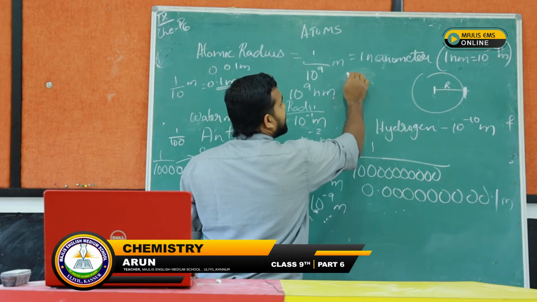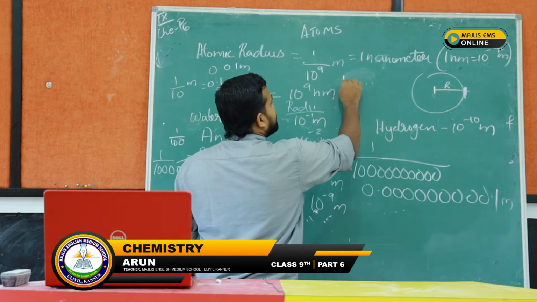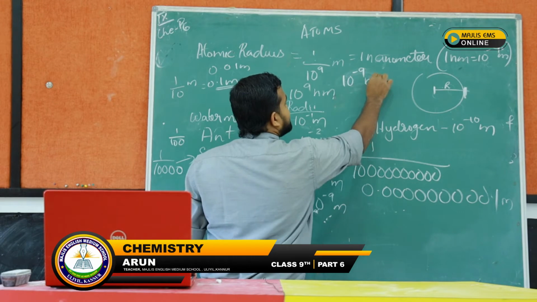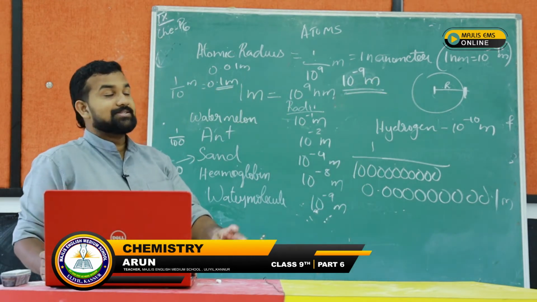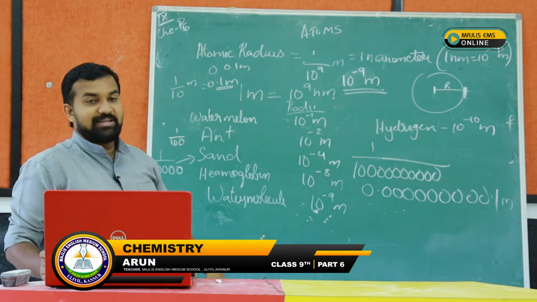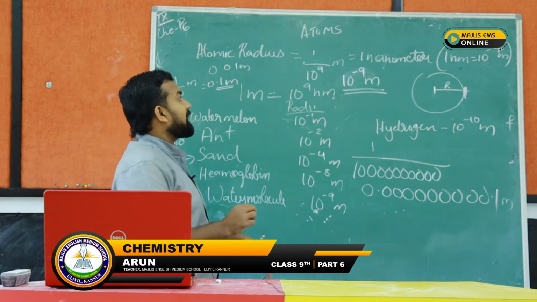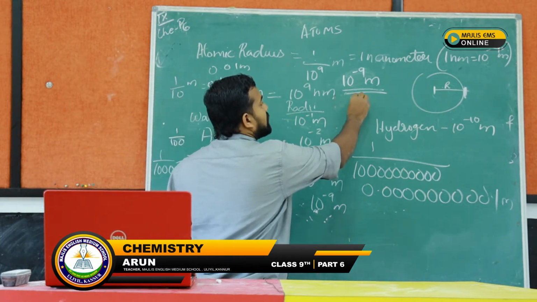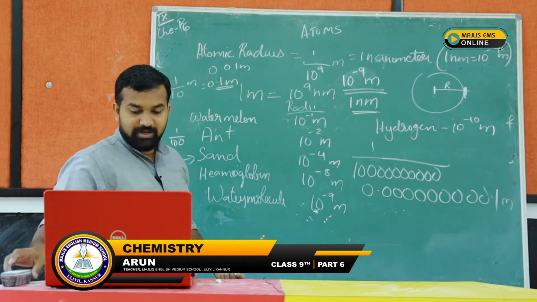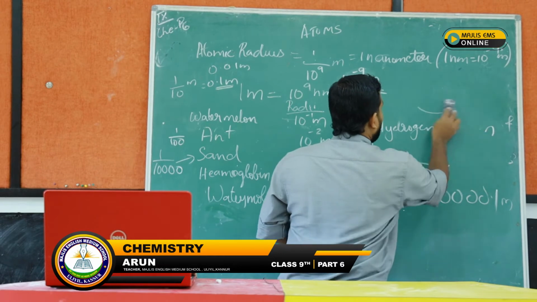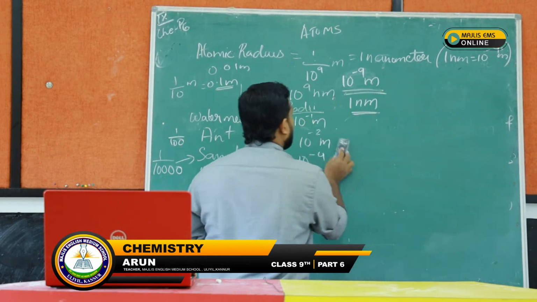That means 10 raised to minus 9 meter is the size of an atom. An atom's radius is 10 raised to minus 9 meter. And this 10 raised to minus 9 meter is also called 1 nanometer.